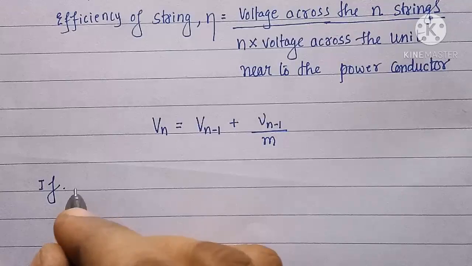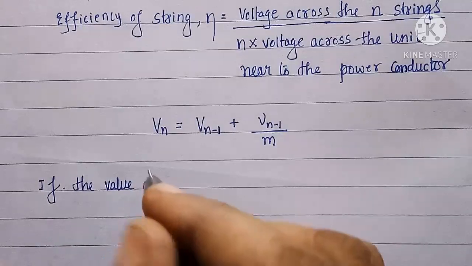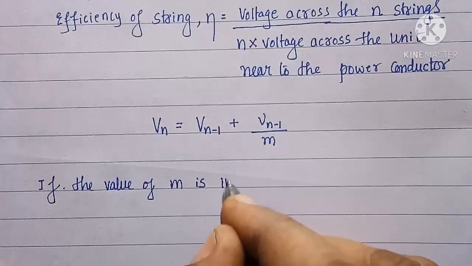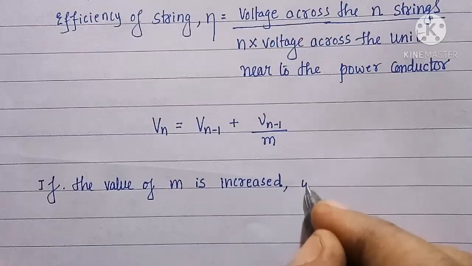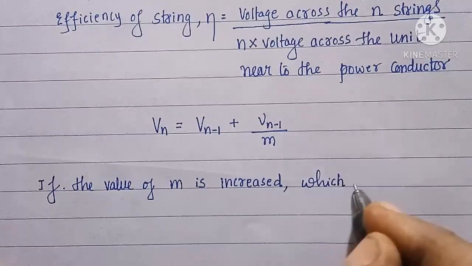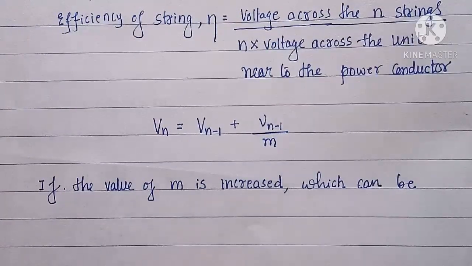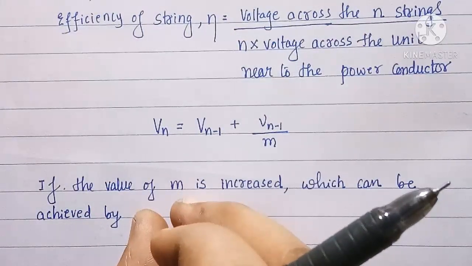If the value of m is increased, which can be achieved by, see, the m value depends on the length of the cross arm.